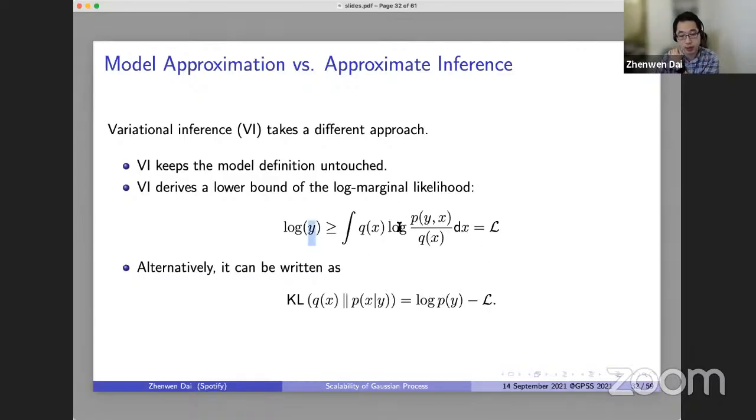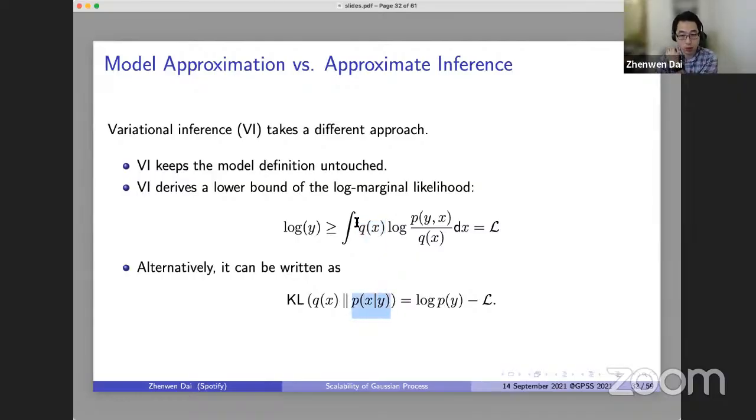Here I use general notation, not linked to GPs. For example, Y is observed data, X are unknown latent variables. The way variational inference works is that we define a parametric family of posteriors, typically denoted as Q(X), and we optimize the parametric formulation of the posterior to be as close as possible to the true posterior.